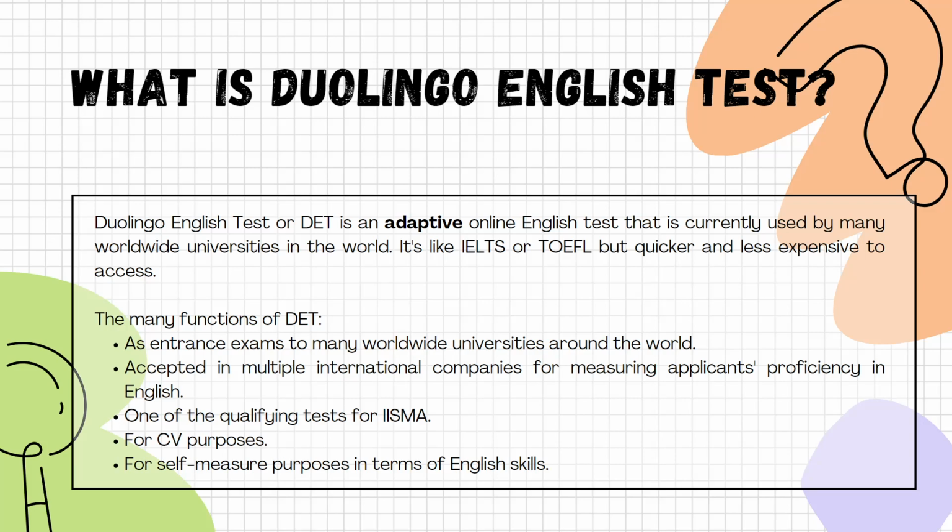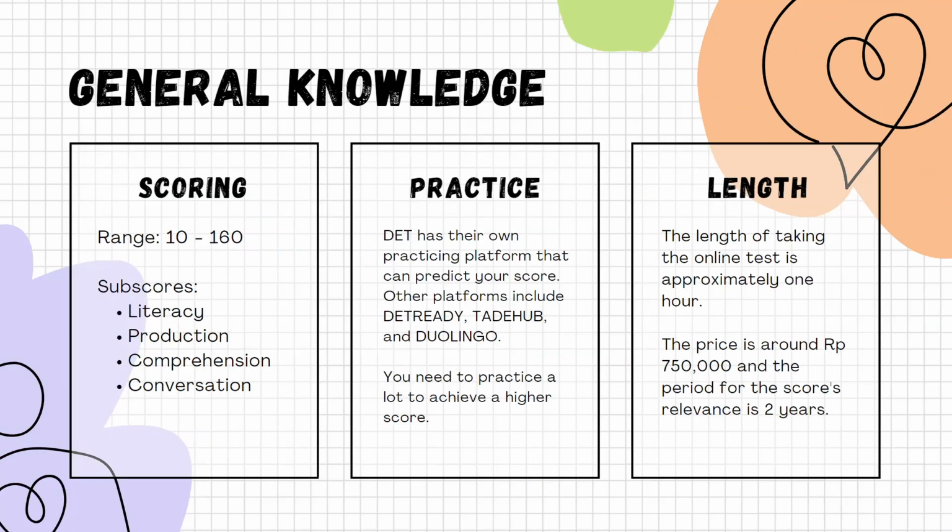And one of the most important categories that you must pass in order to acquire this ISMA award is by having a high Duolingo English test score. And then of course it can also add to your CV, and you can measure your English level by just seeing the score.